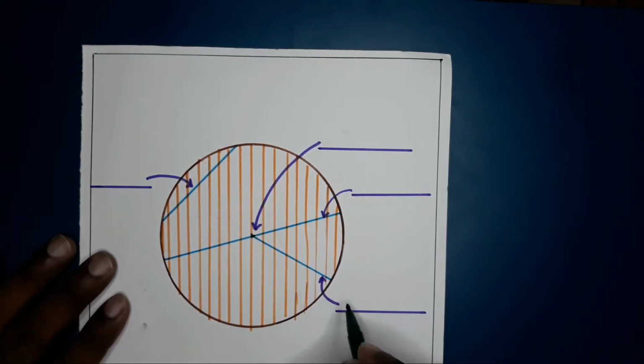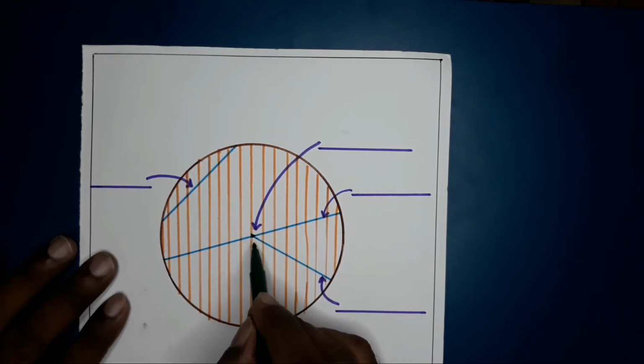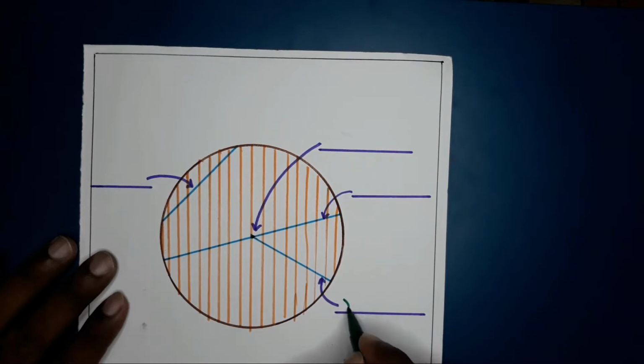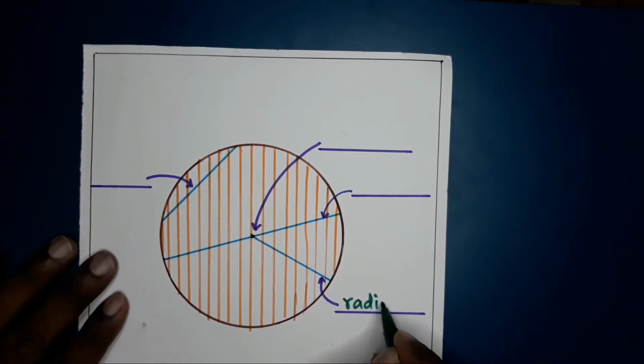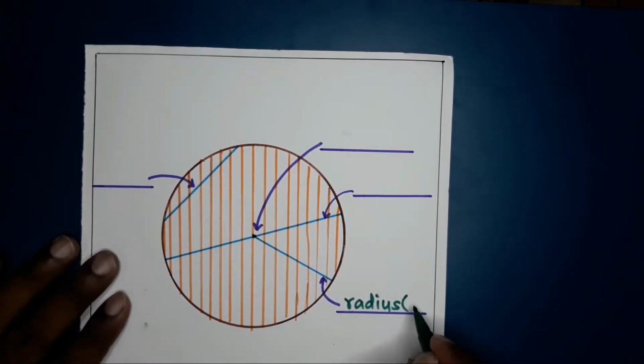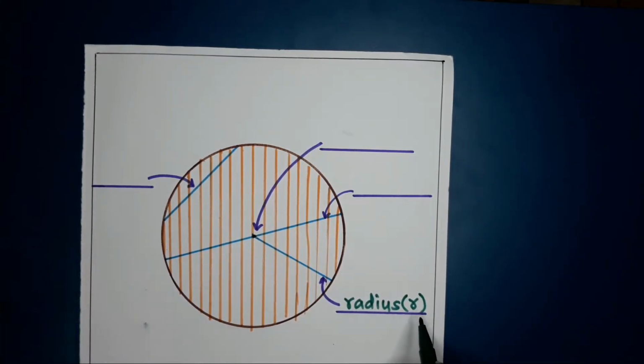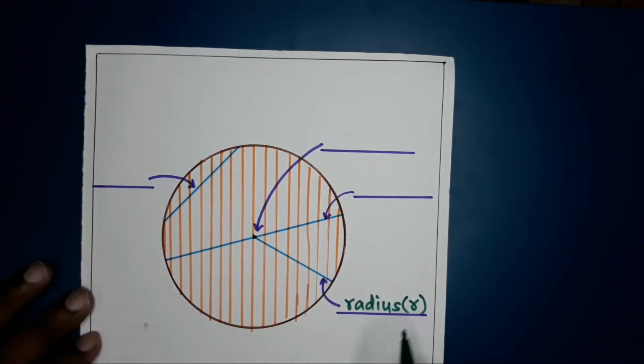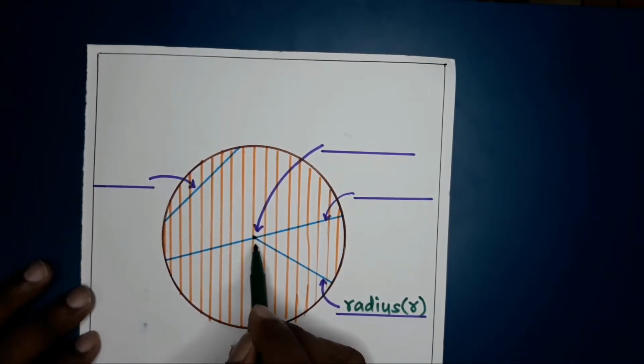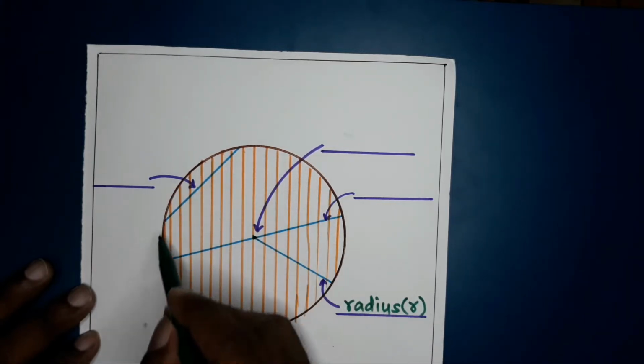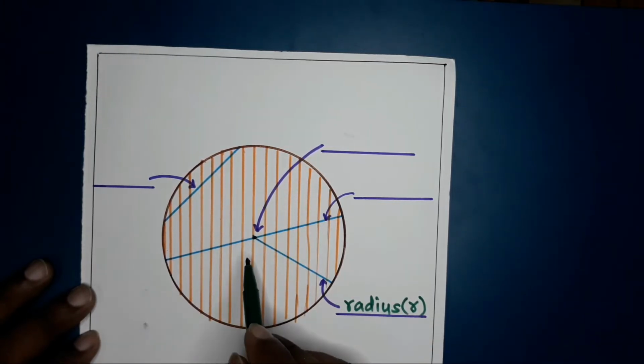Means radius of the circle is the segment joining the center and any point on the circle. It is called as radius of the circle, and generally it is denoted by small r. It is not necessary to denote all the time with small r, but generally it is denoted by small r. Means what? Radius is the distance between each and every point on the circle from the center.